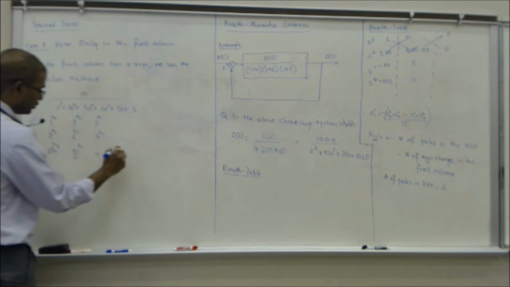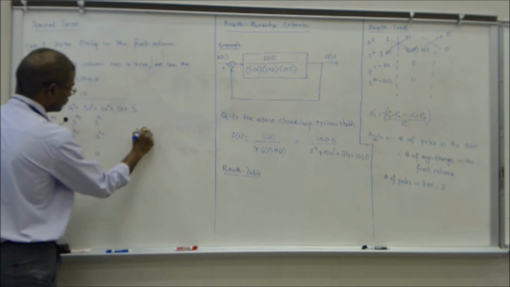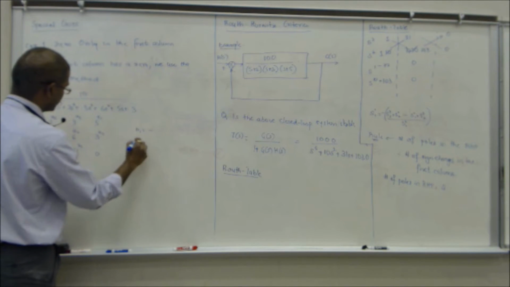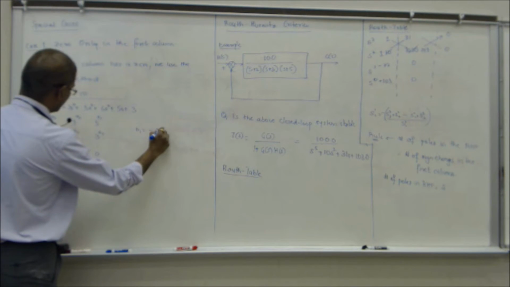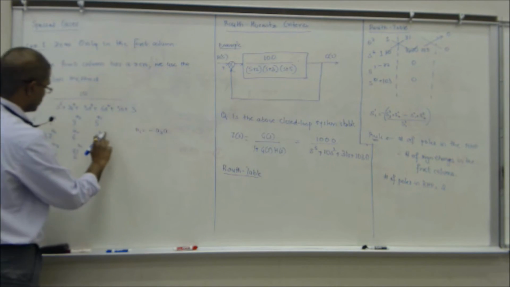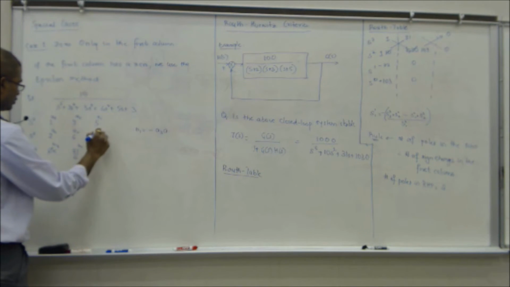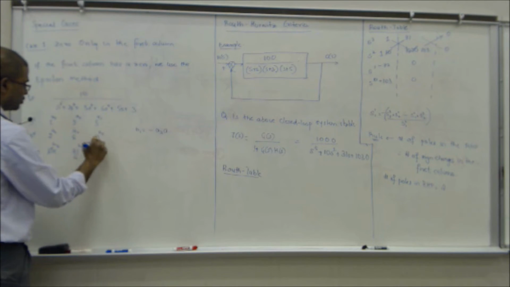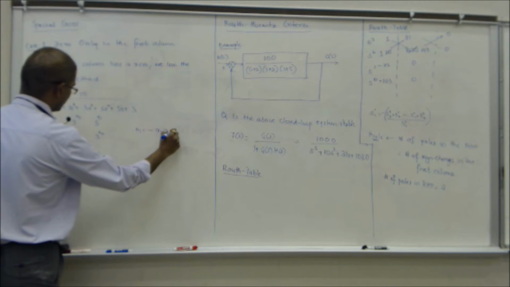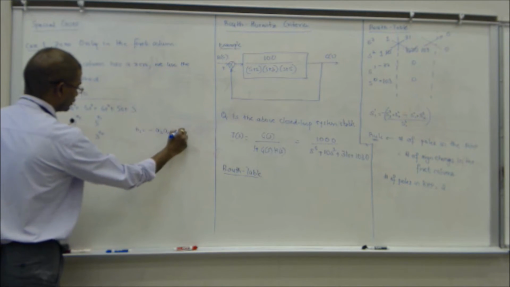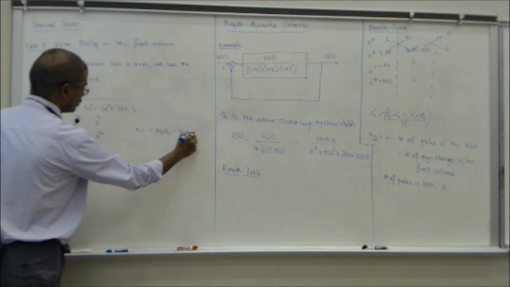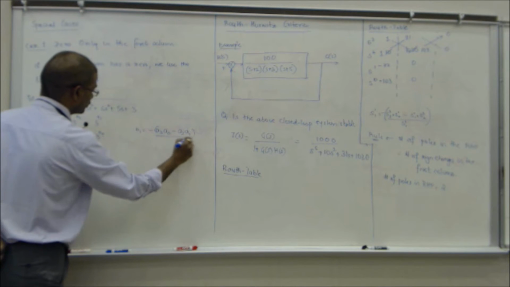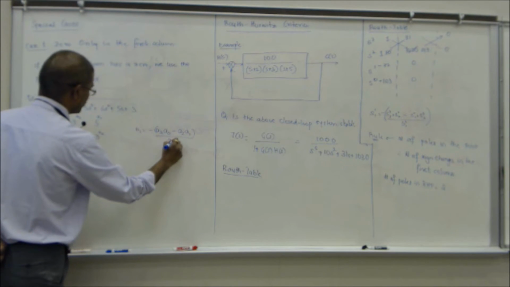So B1 would be minus of A3, A0 minus A2, A1 over A2.